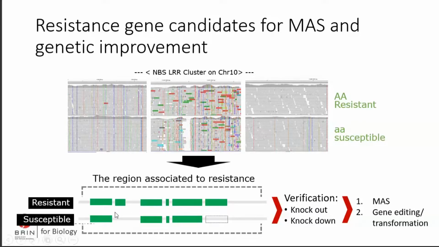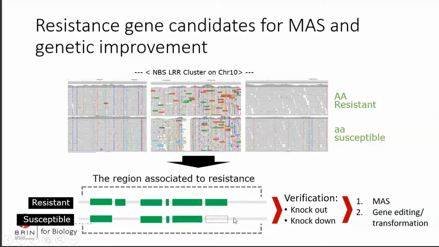To make it simple, I make a diagram here. So I make a green block. This one is the block for the resistance. So I assume the green block is genes, and the susceptible one misses 1 or 2 genes here.